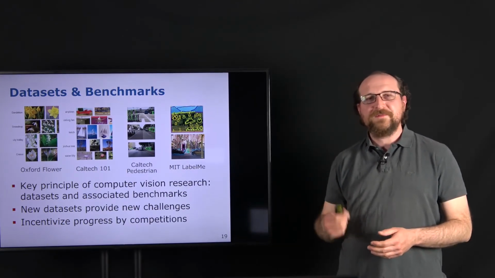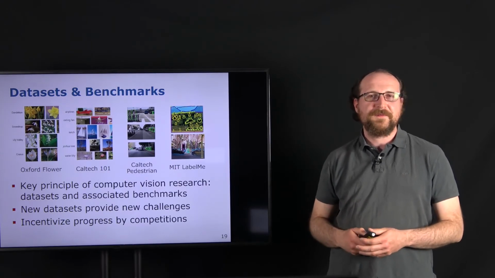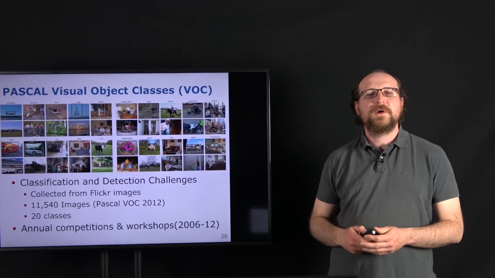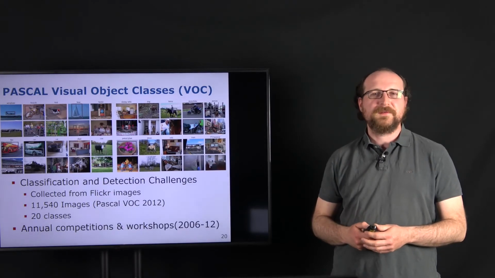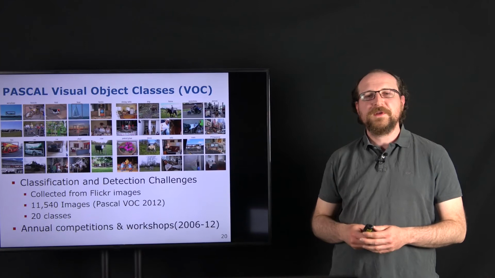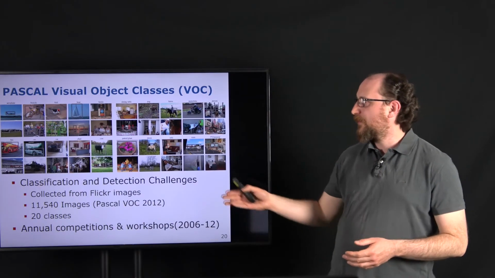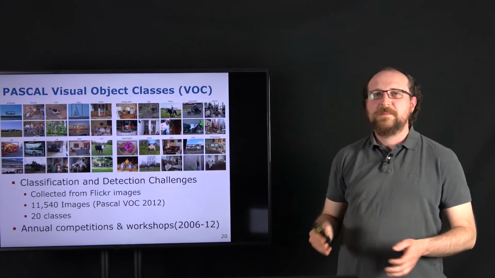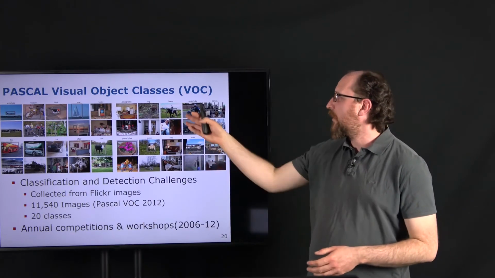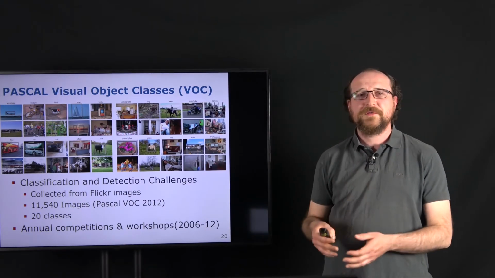One specific dataset that was very important to drive the progress was the so-called Pascal Visual Object Classes dataset. The Pascal dataset featured 20 classes shown here, ranging from airplanes to horses, motorbikes, trains, and so on. So a very diverse set of classes.